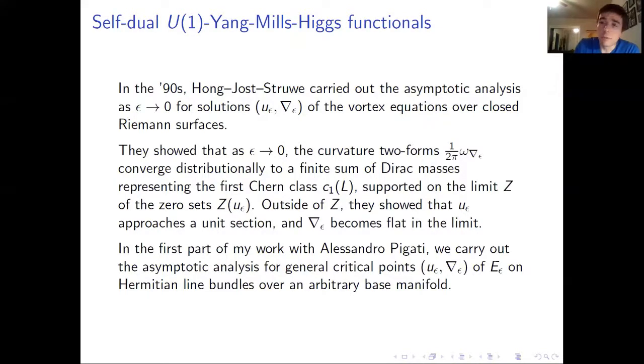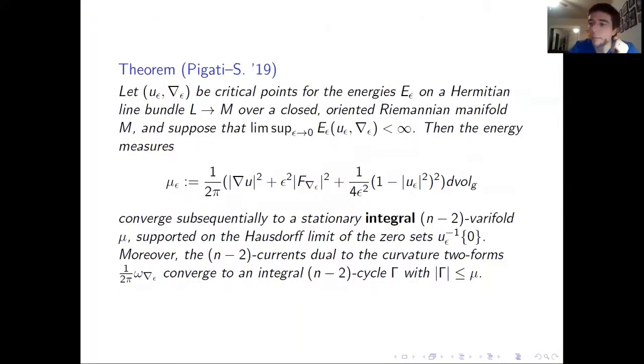All right, so in the first part of my work with Alessandro Pigati, we carry out the asymptotic analysis for general critical points of E epsilon on Hermitian line bundles over an arbitrary base manifold. So we're looking at arbitrary critical points now in arbitrary dimension. And we show the following.